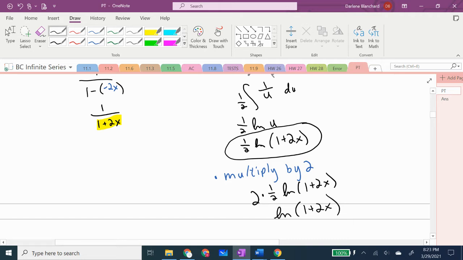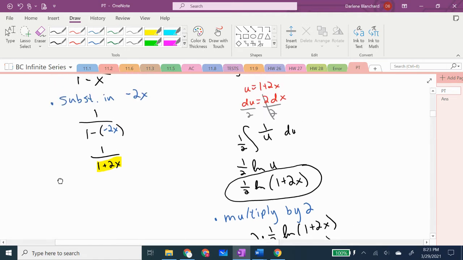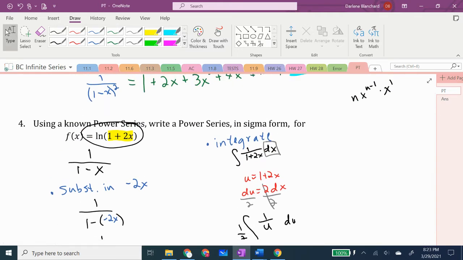Now, when I do the integration of the power series, then I'm going to put the plus c, but in order to create this specific function, natural log of 1 plus 2x, I need to find my c that creates that function. So now I'm going to work on the power series.